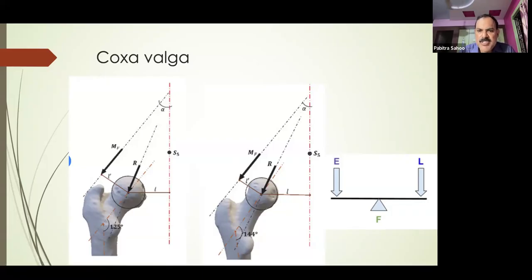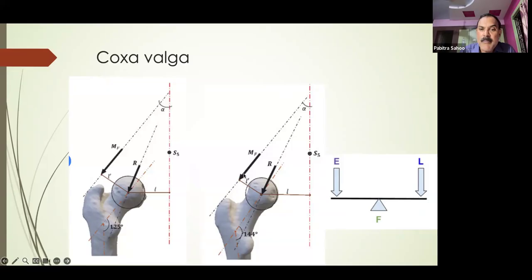This abductor deficiency can be weakness of abductors, a fulcrum deficiency, or a fracture neck of femur. But here there is no fracture neck of femur. Here there will be abnormal load over the abductors because the effort arm is reduced. To keep the hip in a balanced position, the abductors have to contract more and more.